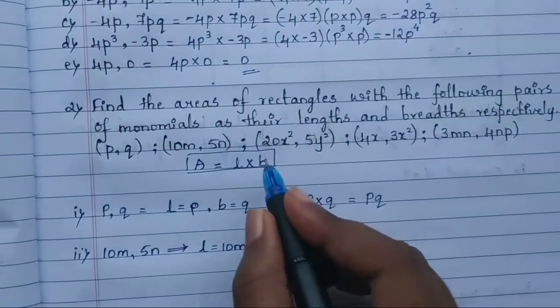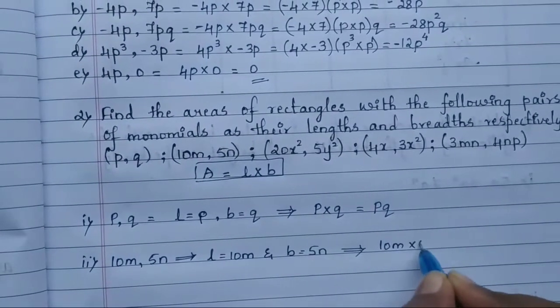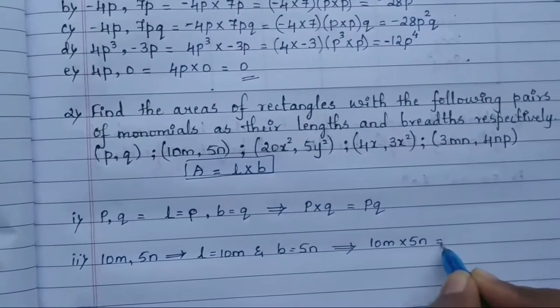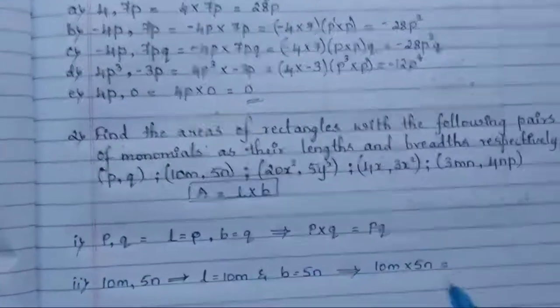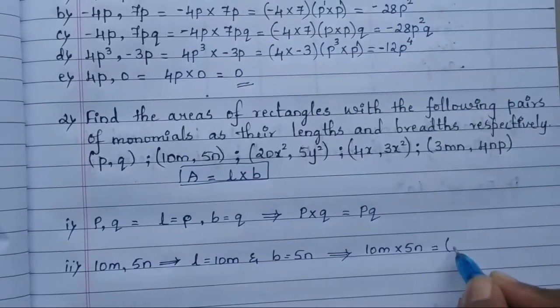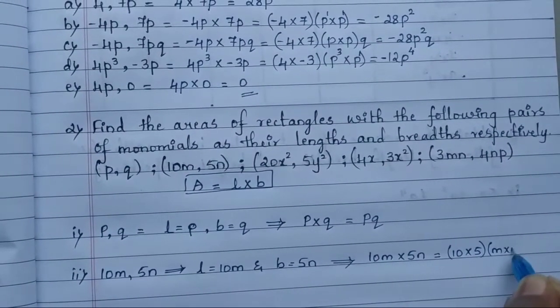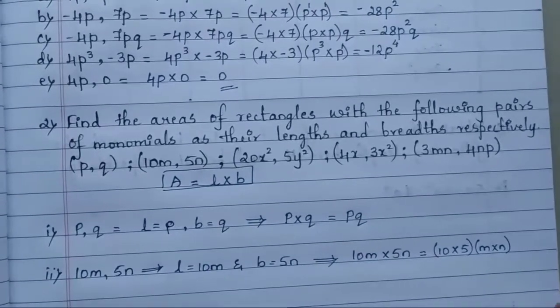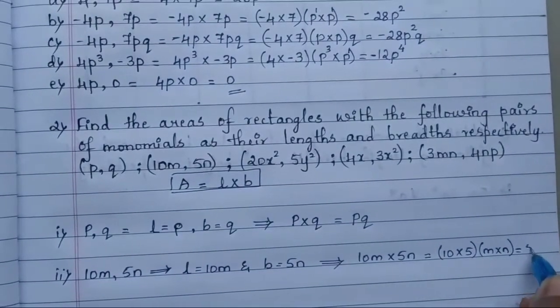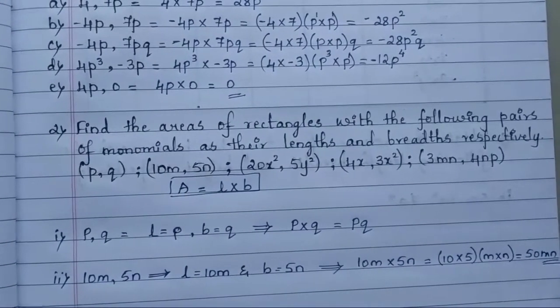Substituting this in the above formula, we will get 10m into 5n. As we have done above, we will separate the numerical term and the alphabet term, that is 10 into 5 and m into n. The answer we are going to get is 10 5s are 50, and this m into n will become mn.